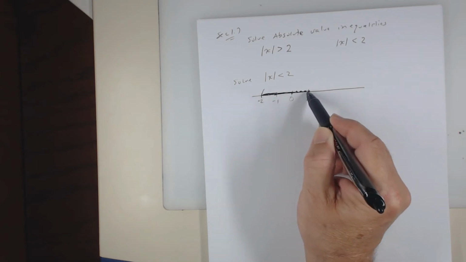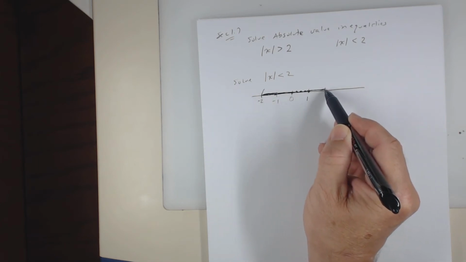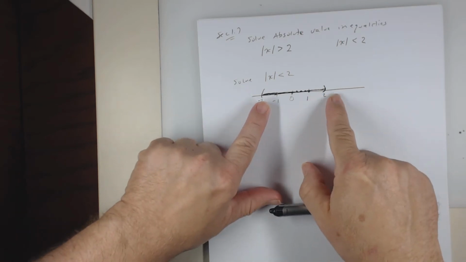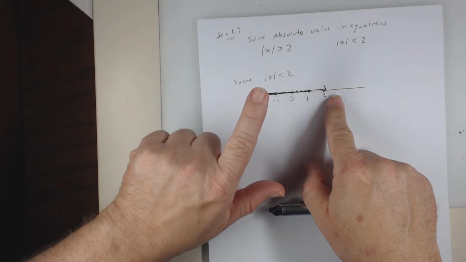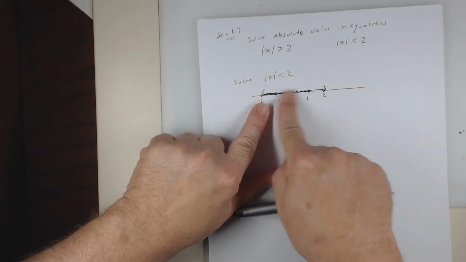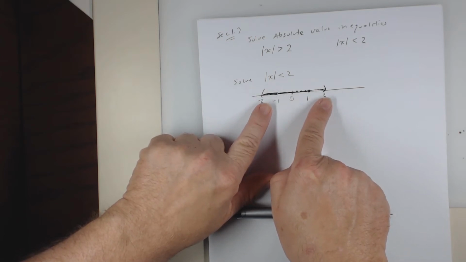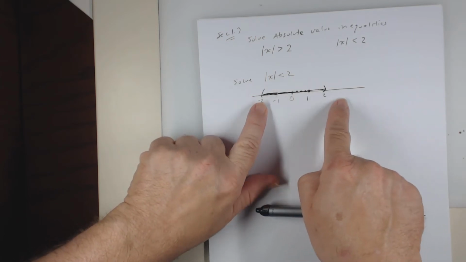Everything here's a solution all the way up to what? 2 with a what? Parentheses. So absolute value less than, you have to remember this, is bounded like this. You go from a small number to a large number, everything between them. So the graph will look like this. Absolute value less than is bounded.